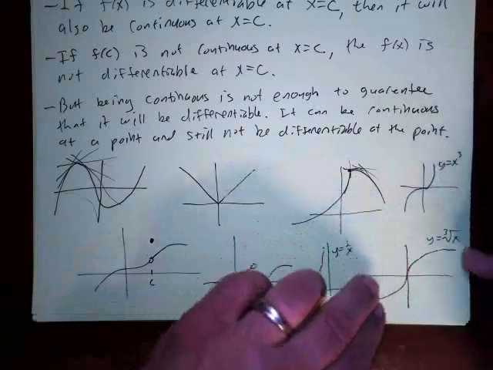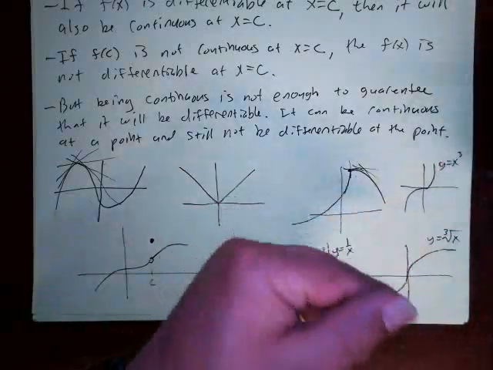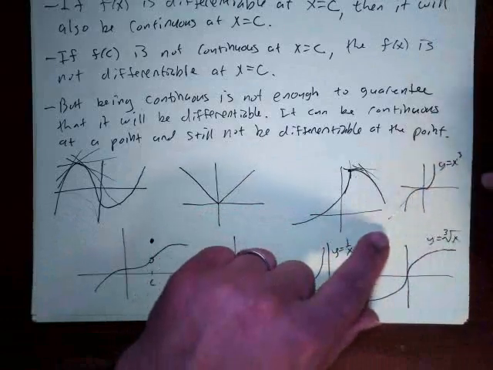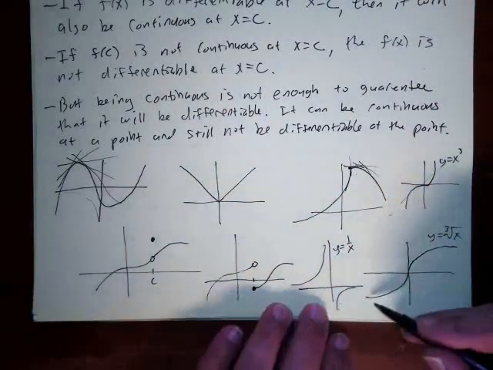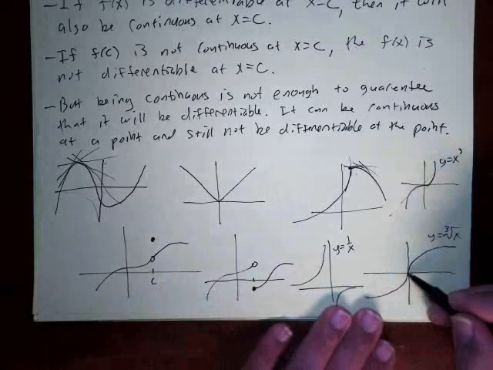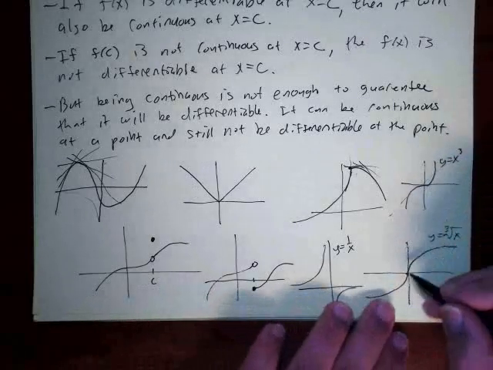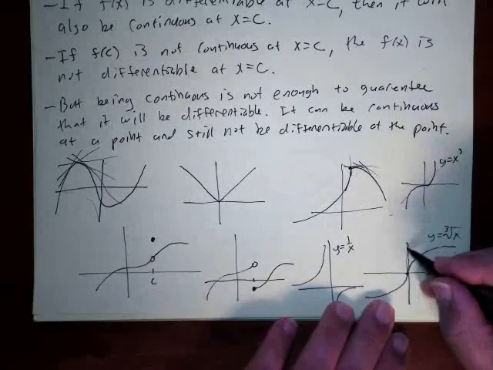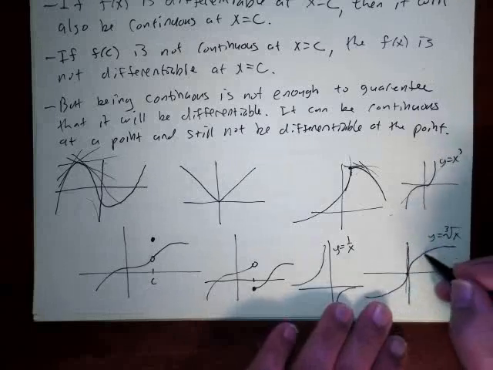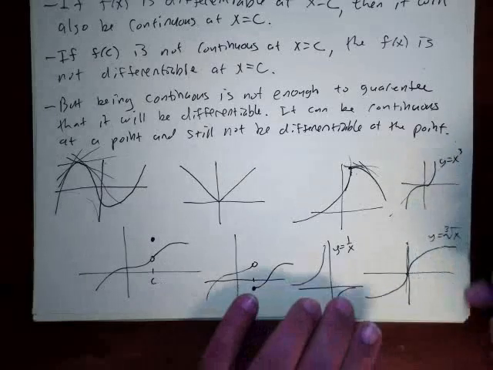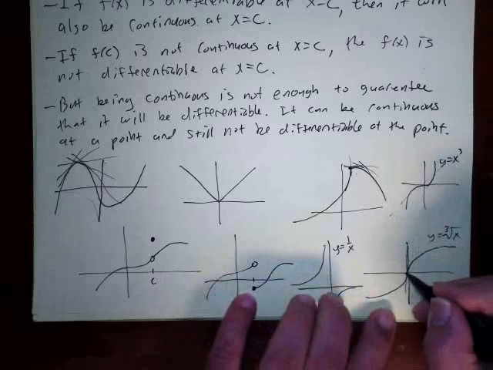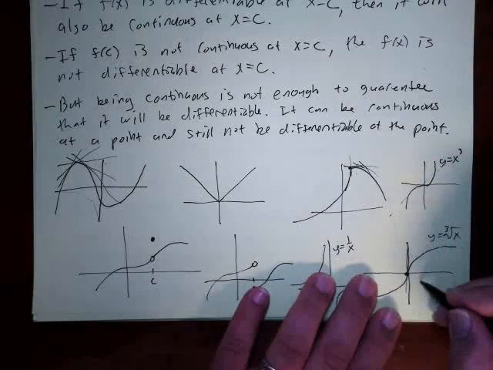But when you do the inverse of it, you rotate it around the line y equals x, and you get this. What was the horizontal tangent line here is a vertical tangent line, and this is not differentiable if it has a vertical tangent line.